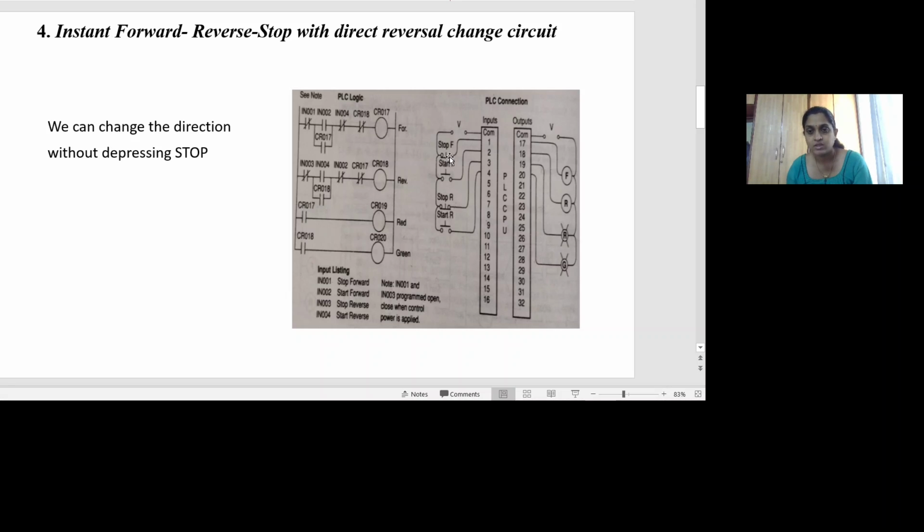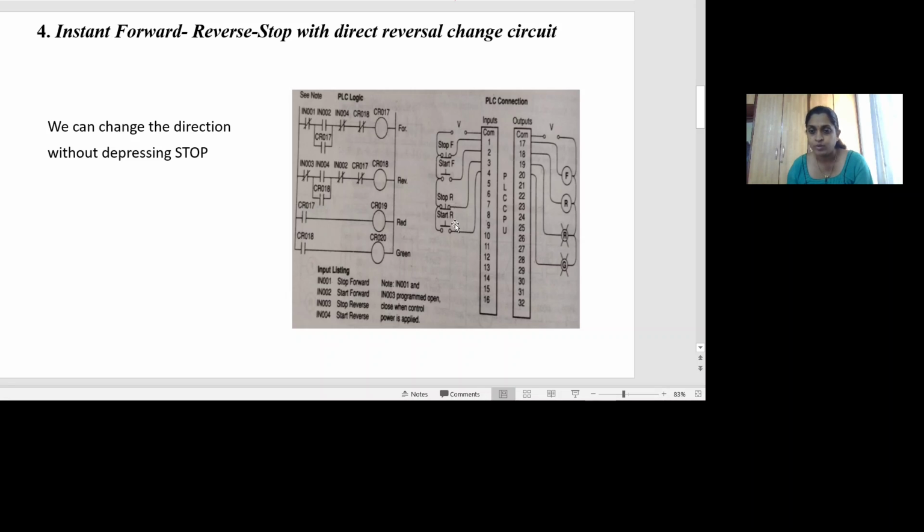In that case, I'll be using a stop forward switch, stop F, which is connected between the terminals common and 1. Then to have motion in the reverse direction, I need to energize the start switch, start R, and that is connected between the terminal common and terminal 4.